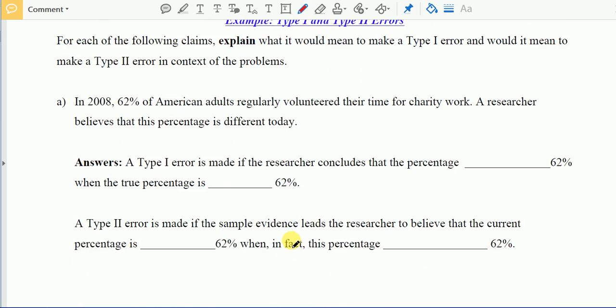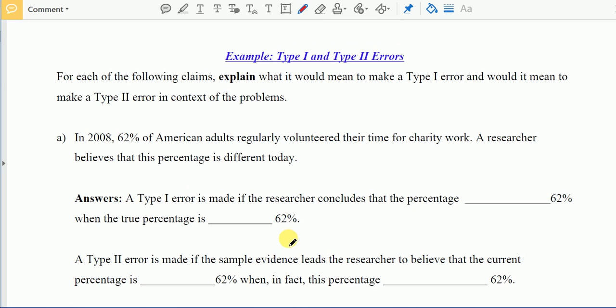So let's see with the example of type 1 and type 2. Again, we use the same example as above. In 2008, 62% of Americans did volunteer work. Now, a researcher believes that this is different from today. A type 1 error is made if the researcher concludes that the percentage is not 62.